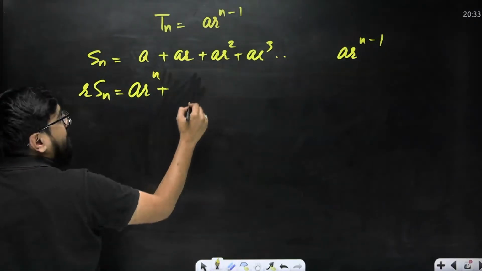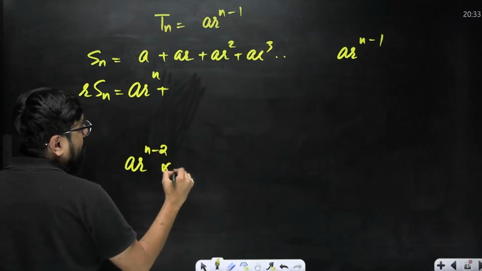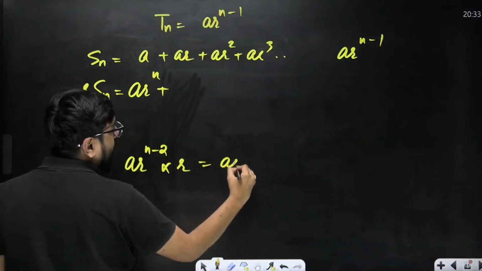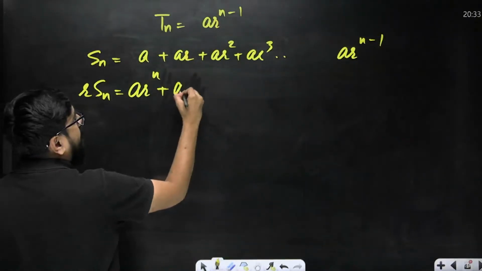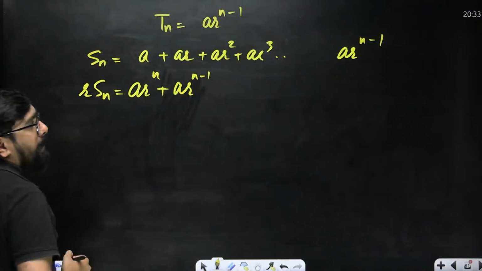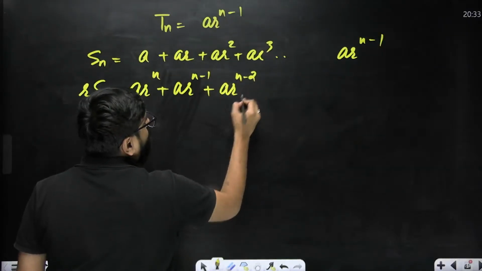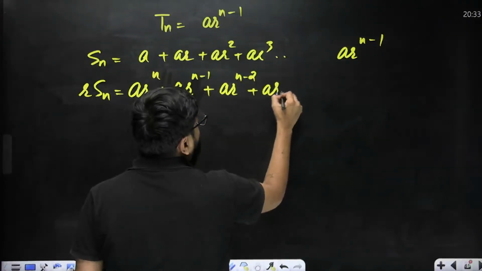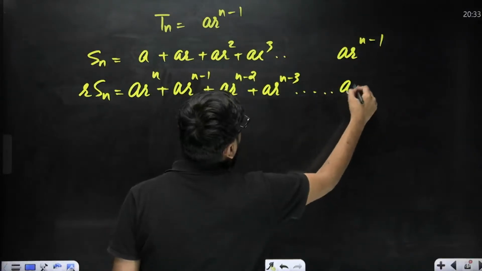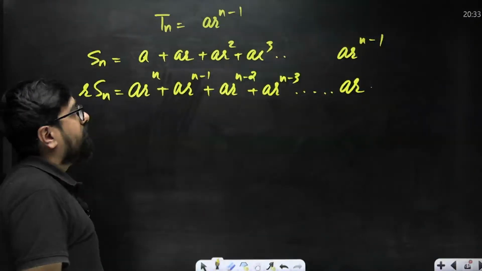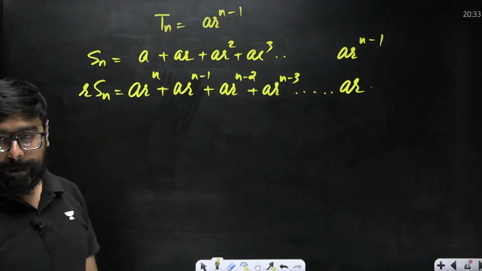Plus the second last term, AR to the power n minus 2 multiplied with R will become AR to the power n minus 1, correct? Here I'll get AR to the power n minus 1. Here I get AR to the power n minus 2, like this AR to the power n minus 3, and the last term will come as AR. I just shifted the series a little bit.